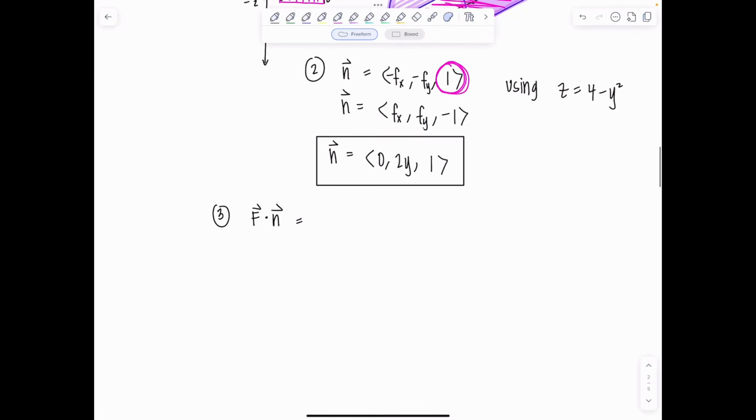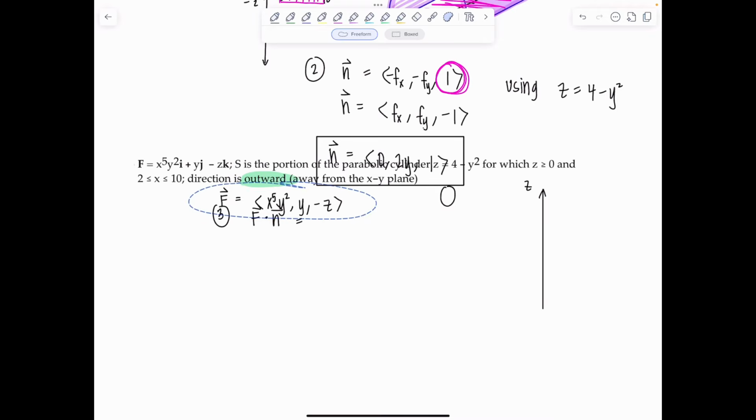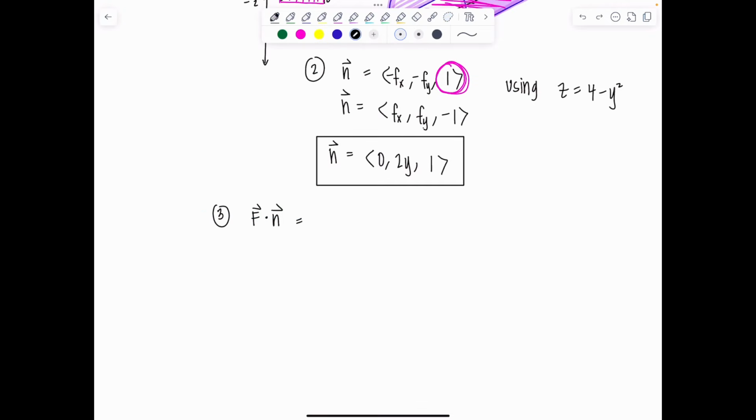Let me rewrite it. F was x to the 5th, y squared, negative z, dotted with n, which is 0, 2y, 1. If I dot them, I get 0 plus 2y squared minus z.